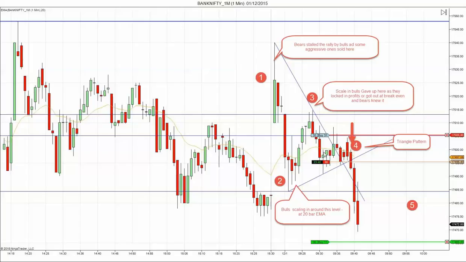This is one, two, and this is the third push up. Or you can see one, two, three pushes down as of now. This is the second or third push up, and that's where you can clearly see that price is really weak at the moving average. The breakouts above the moving average are failing multiple times. That is a clue that price is going to now continue this bear move, right?